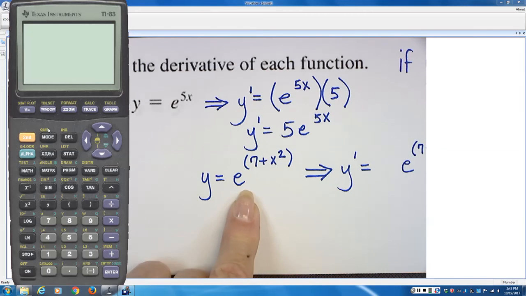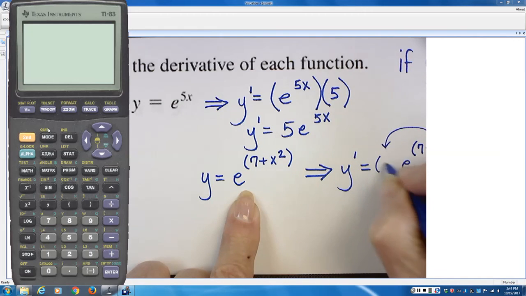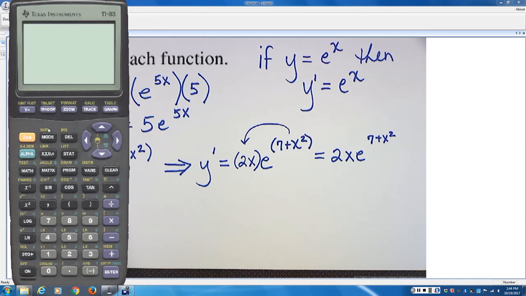Now what do I need the derivative of? 7 plus x squared. Okay, and what's that derivative? 0 plus 2x. So it's 2x e to the 7 plus x squared power.